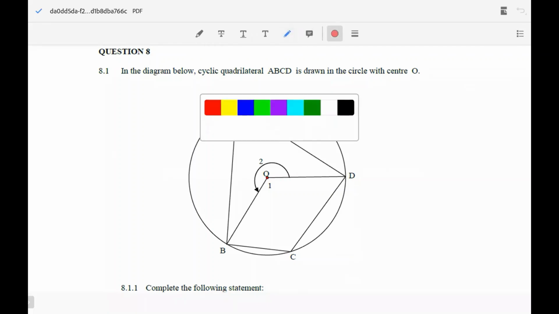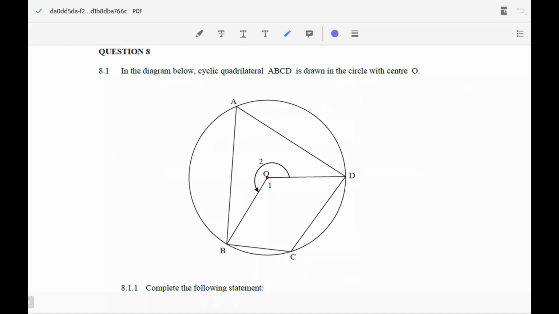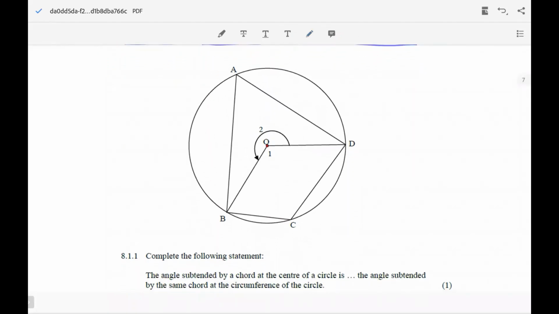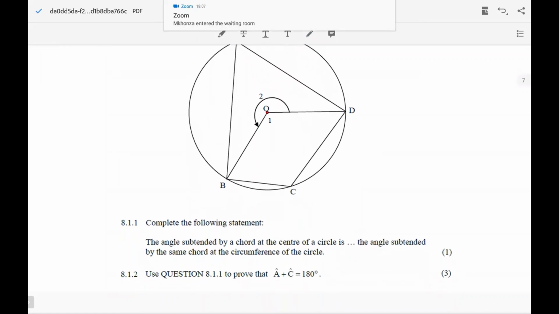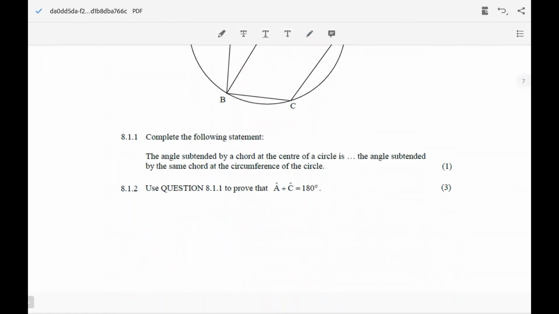Okay, with this question here: in the diagram below, cyclic quadrilateral ABCD is drawn in the circle with center O. So it is obvious, that's what we have. Complete the following statement: the angle subtended by a chord at the center of the circle is, do you remember?